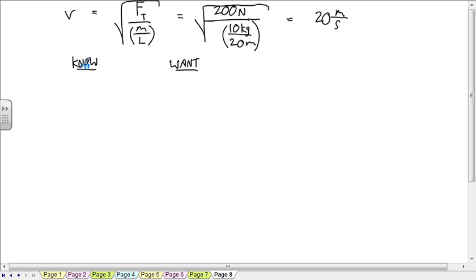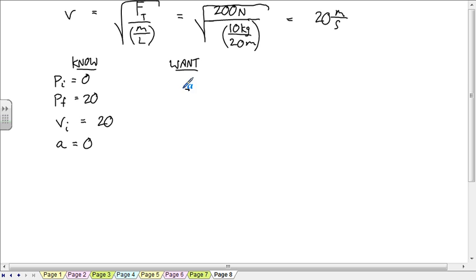We know the initial position is 0. We know the final position is 20. We know the velocity is 20 meters per second, and it's constant. We're never talking about accelerations.